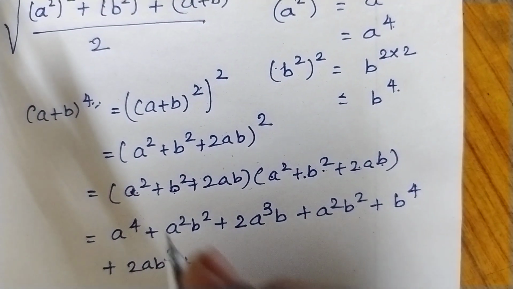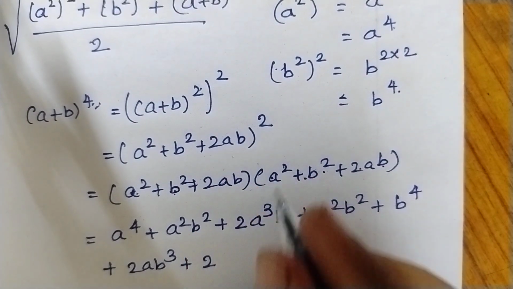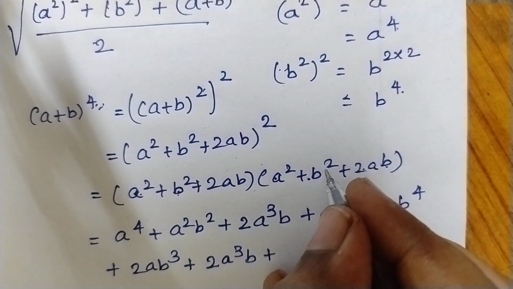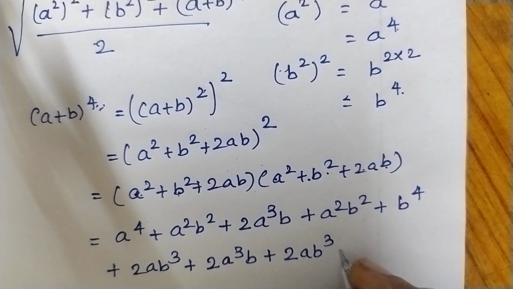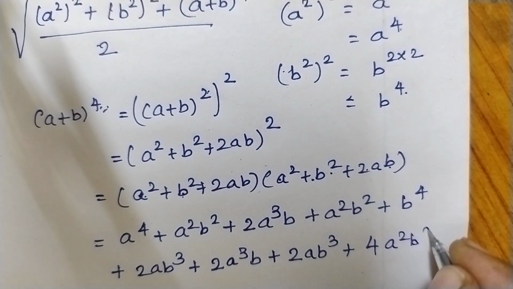So plus 2AB into A square, 2A into A square is A cube B, plus 2 into 2AB into B square is 2AB cube, plus 2AB into 2AB, 4A square B square.